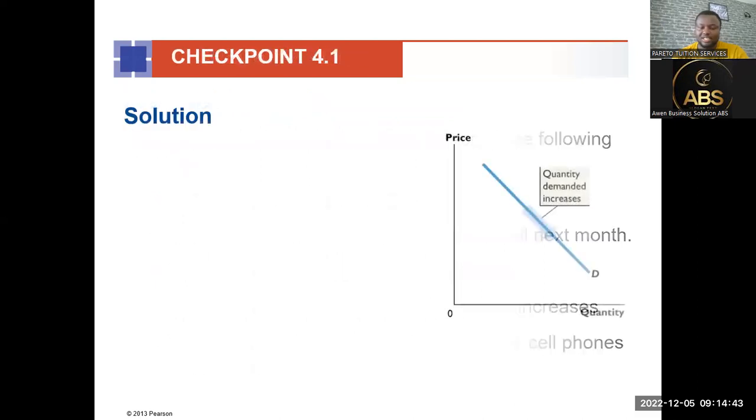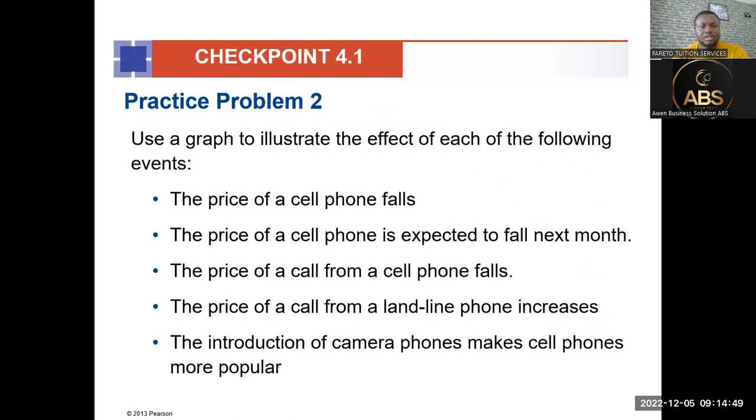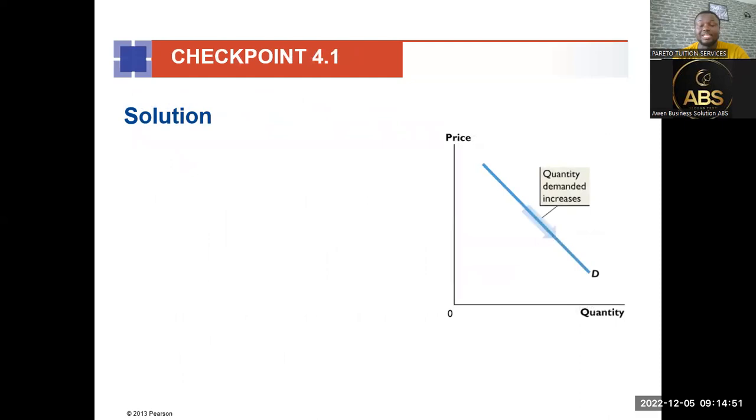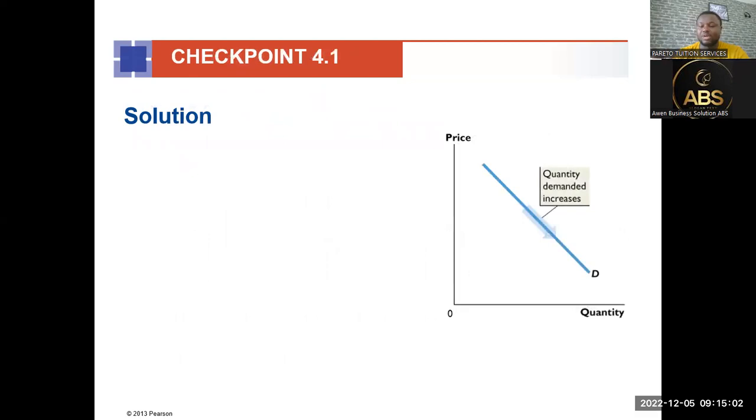Okay, so let's look at that. Sorry, there's a fall in the price of cell phones. So we should experience an increase in quantity demanded, so a downward movement along the demand curve.